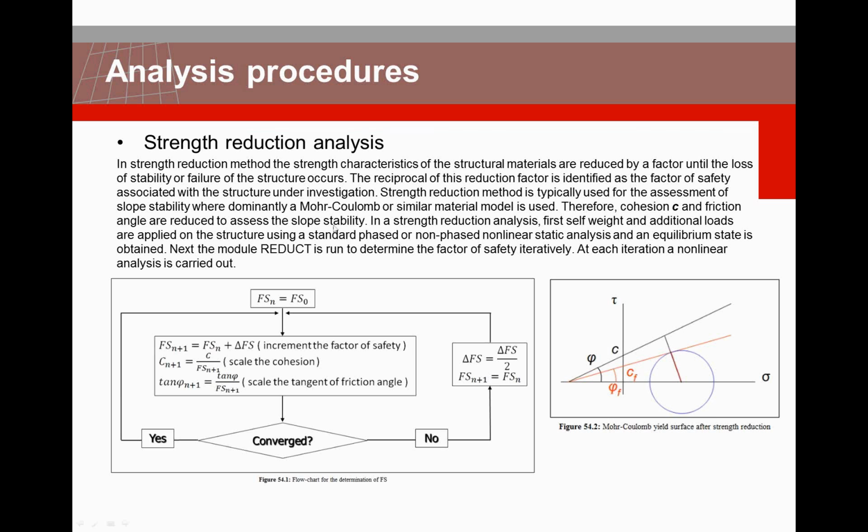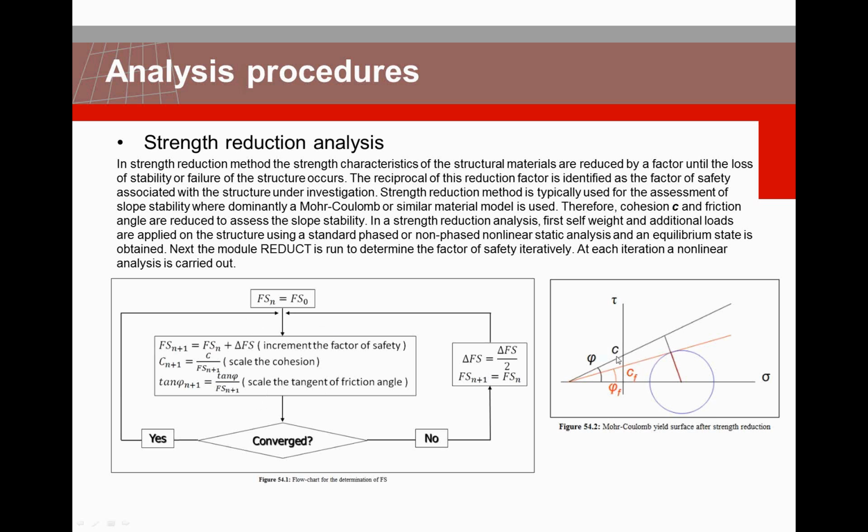So many of these geotechnical models make use of frictionally dominated materials like Mohr-Coulomb type of material models, and the failure criterion is typically defined by a cohesion and a friction angle. And what we can calculate with this analysis is the reduction factor that can be applied to these properties, the cohesion and the friction angle, until failure of the model occurs.